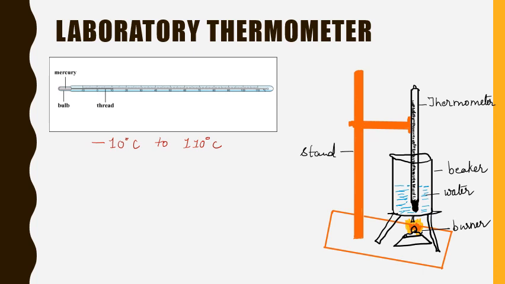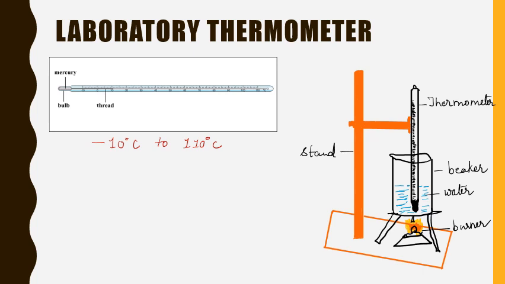Now the difference between clinical and laboratory thermometer is the absence of a kink in the laboratory thermometer. And if you can recall, we have read that the kink prevents the backflow of mercury into the bulb as soon as we take out the thermometer from the contact of the body.